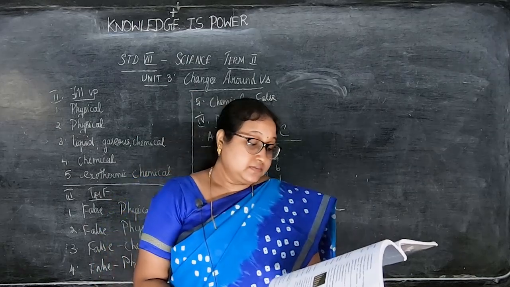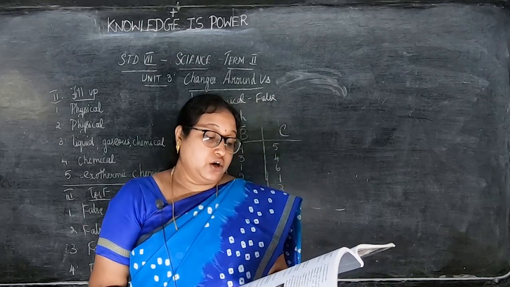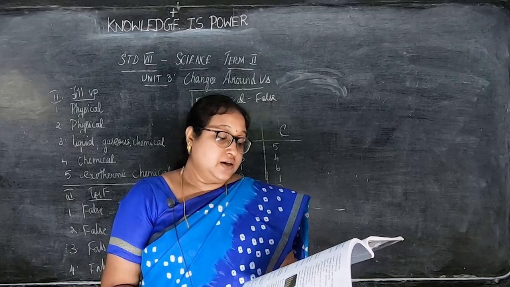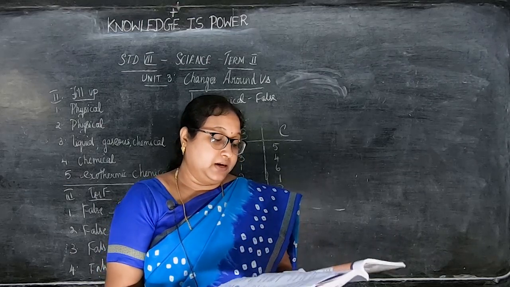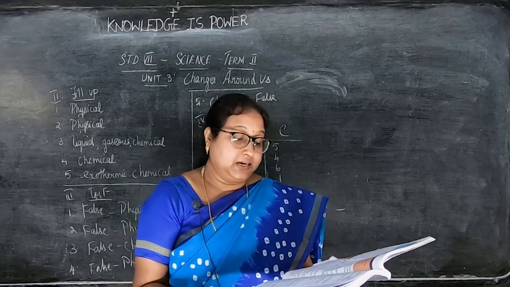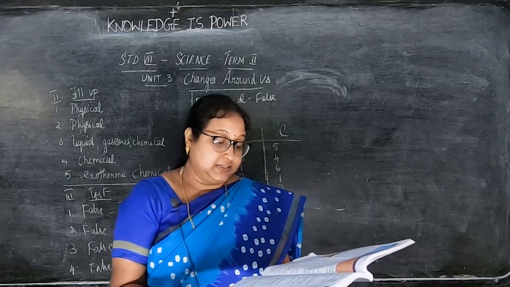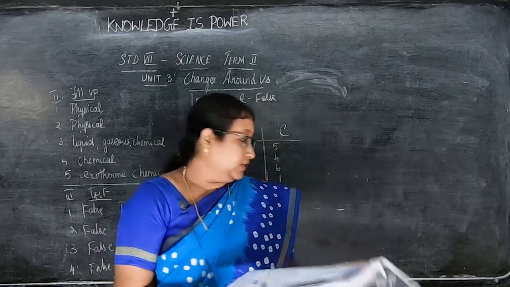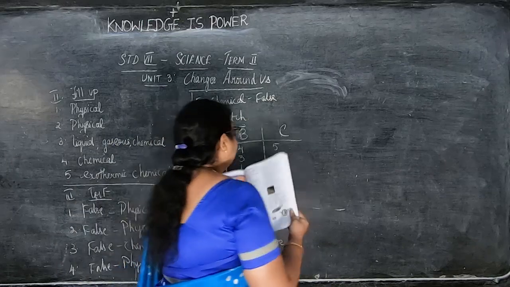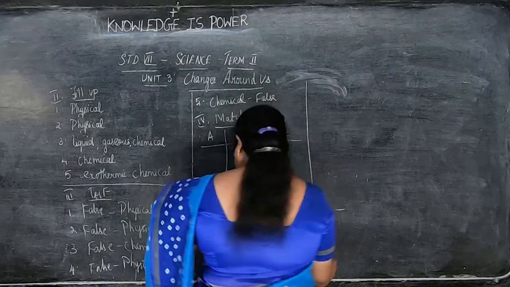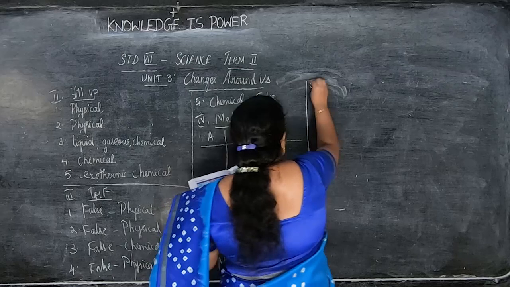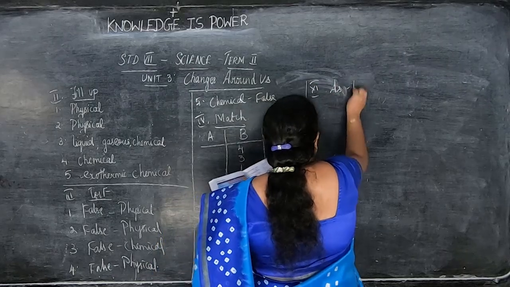Then 3, assertion, burning of woodblock to charcoal is a physical change. Reason, the products formed by burning a piece of wood can be easily converted back to woodblock. Answer is, you have to write, children, the third one, you have to write like this. This is Roman number 11, assertion and reason.